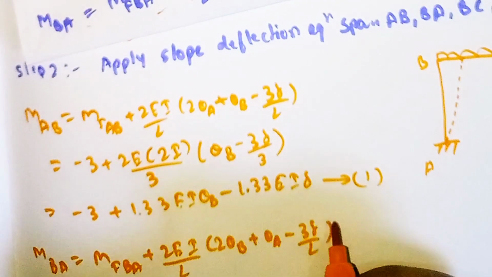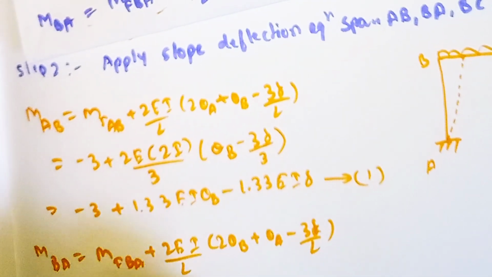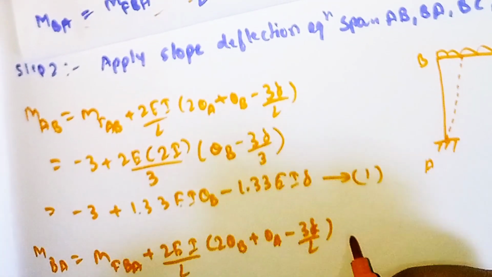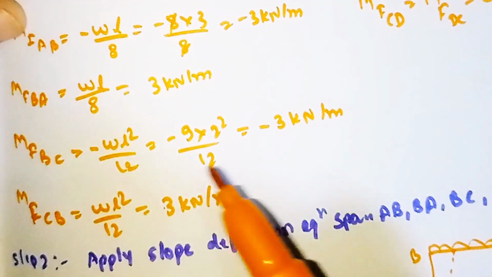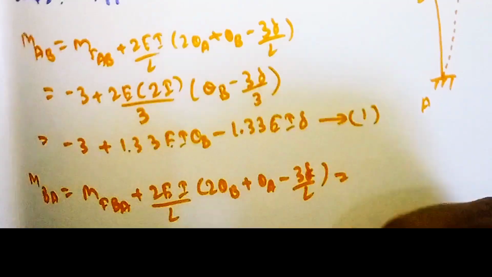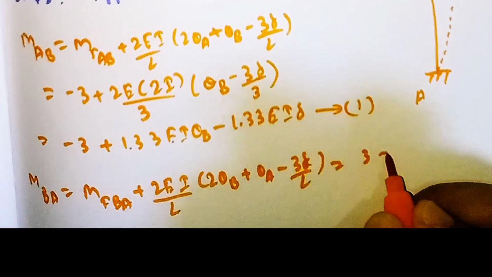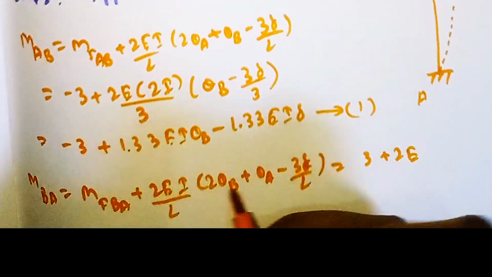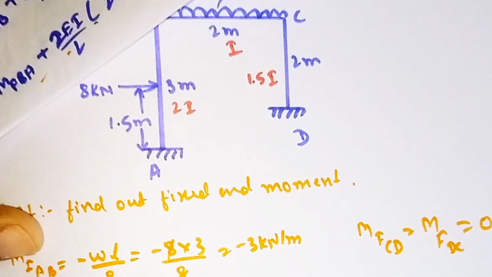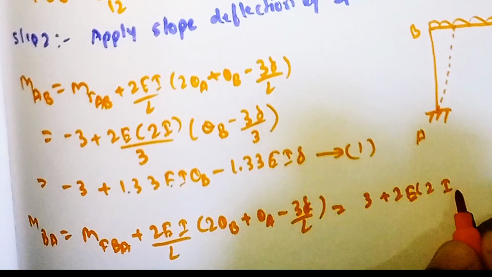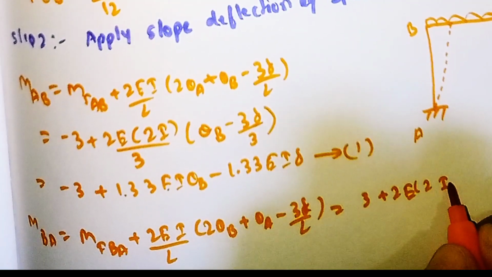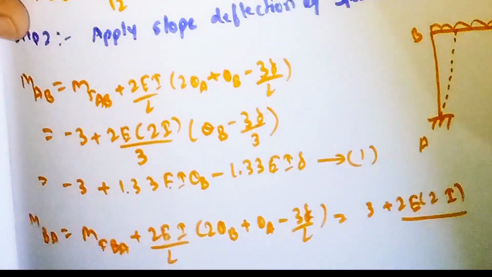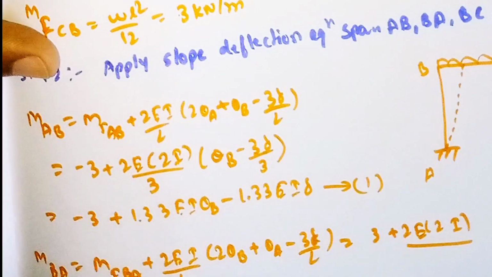We need to take 3 delta divided by L for vertical members. Now substitute all the values. The MF_BA value we got was 3. So 3 plus 2 into E, the I value is 2I, divided by the length of span BA, which is 3 meter.